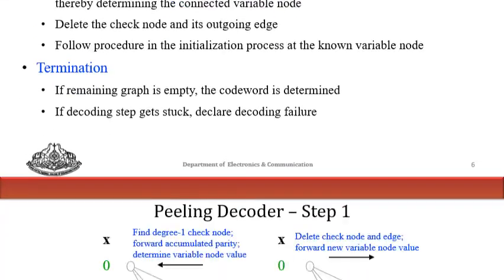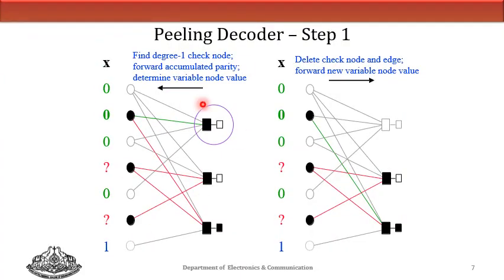So let's see how we can proceed. This was the situation where we had all the green nodes. This was an erasure in the previous slide. And since all other connections towards the first check node were removed, this is a check node with only one erasure.